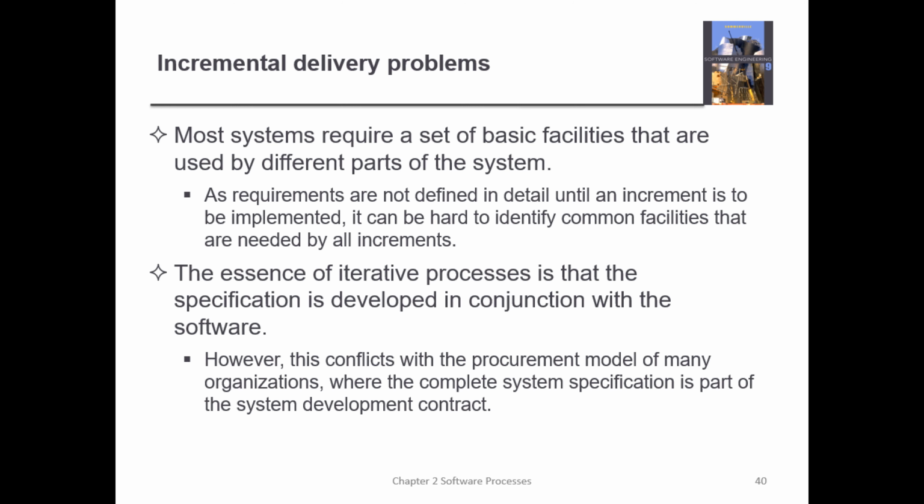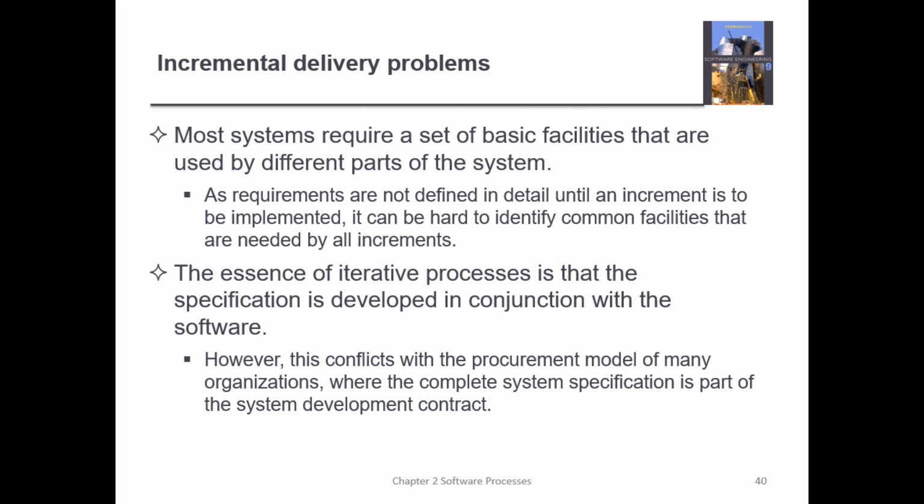Remember, for the incremental model, you begin engineering the product when you at least know some requirements well. But there are some systems where almost each module will need basic facilities, because with incremental, after developing, you have to provide a way of adding other increments and other functionalities.